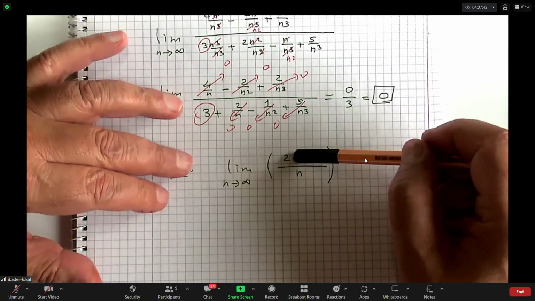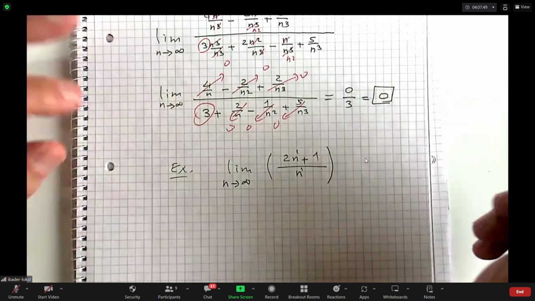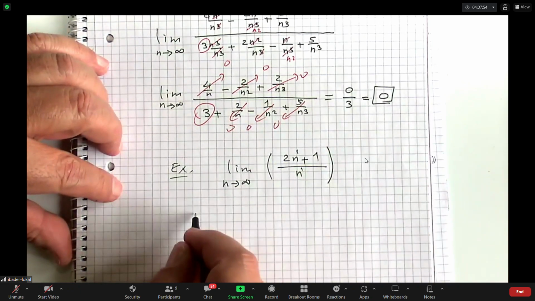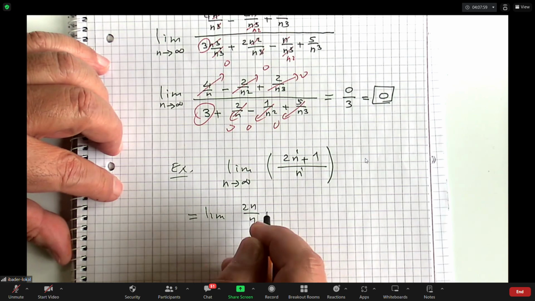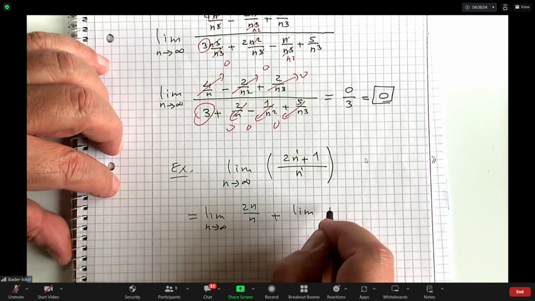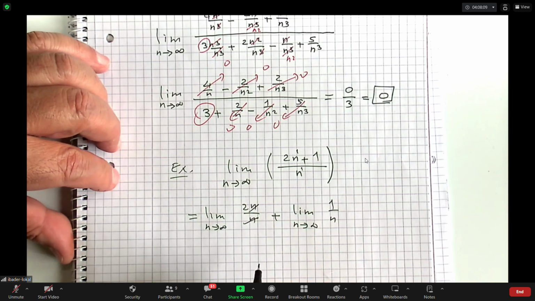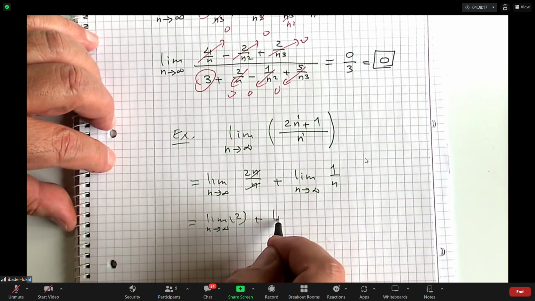Now here, these are two polynomials. Let's say this is degree 1, this is degree 1, and obviously you can divide by n, or you can just simplify it. So this is equal to the limit of 2n over n as n approaches infinity, plus the limit of 1 over n as n approaches infinity. So this will cancel out. You have the limit of 2 as n approaches infinity, plus the limit of 1 over n as n approaches infinity.